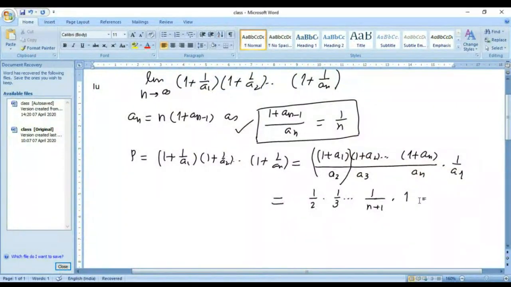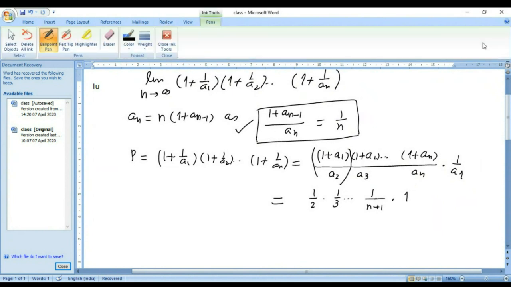here equal to 1 upon n plus 1 factorial.